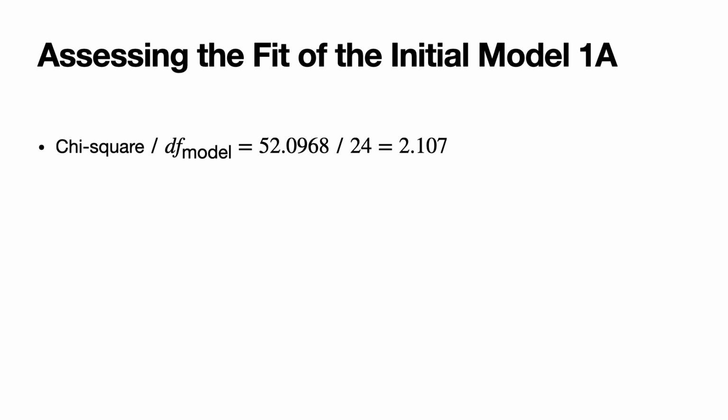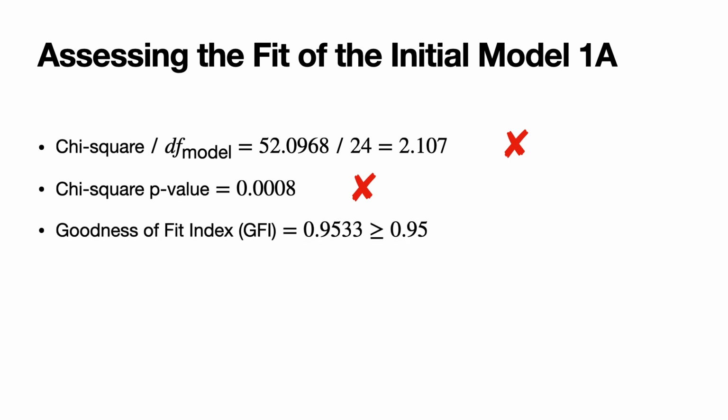Remember that we're looking for values of this ratio to be close to 1, and if they're quite a bit larger than 1, then that would indicate a poor fit. And so this indicates a poor fit of the model. Also, because we have this large ratio, we expect the p-value for the chi-square statistic to be small, and indeed it is, 0.0008. And so that's not a good thing either.